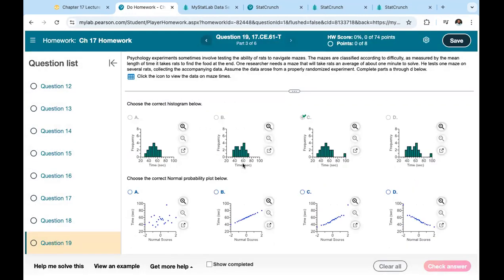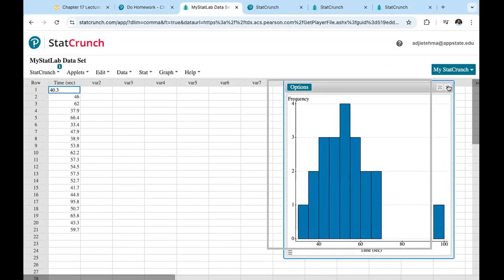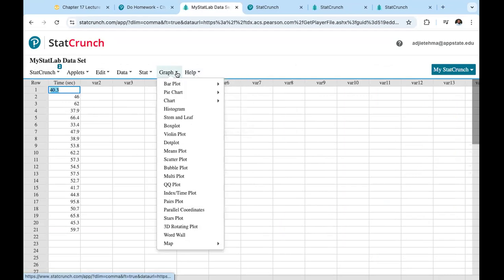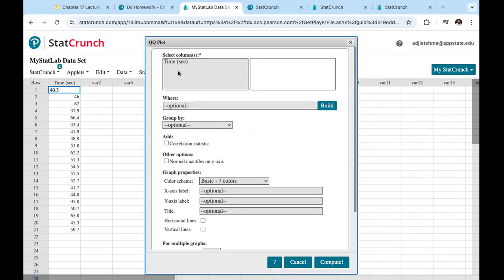And then the next one, they want you to choose the normal probability plot. So we just want to do the QQ plot. So we come here. We still go to graph, and then we see QQ plot. Is that okay? Choose this one.